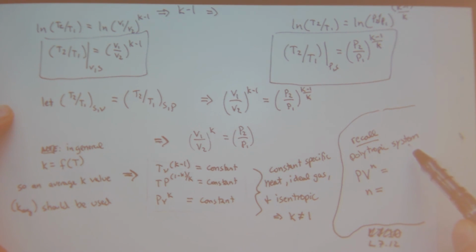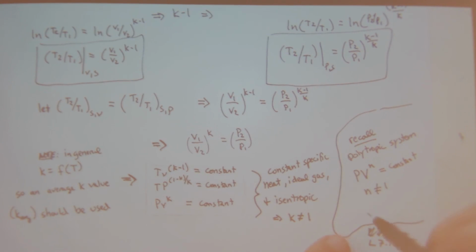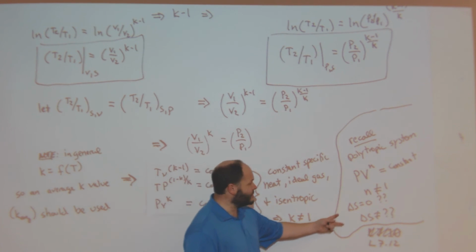Remember a polytropic process or system? I had Pv to the n is equal to a constant, where n does not equal 1. Delta S equals 0. Which one would it be? Polytropic process.